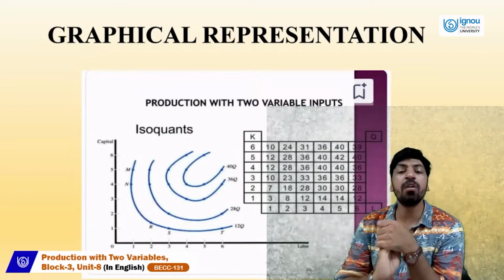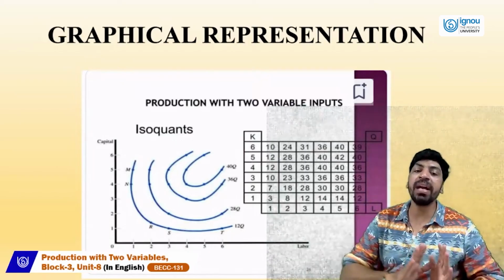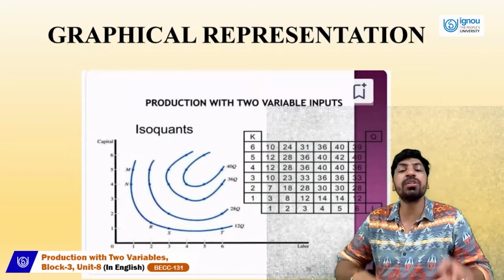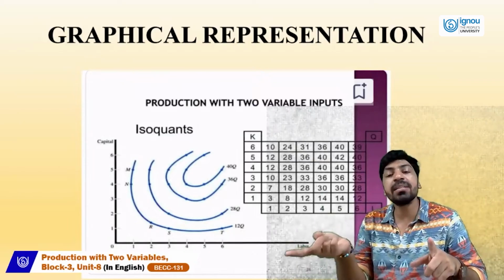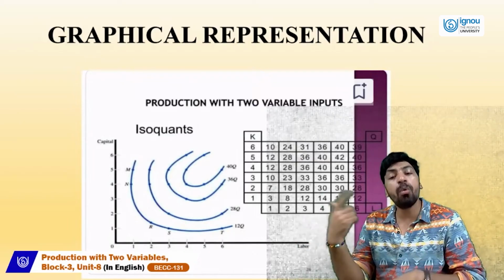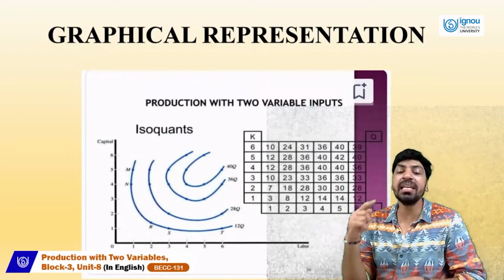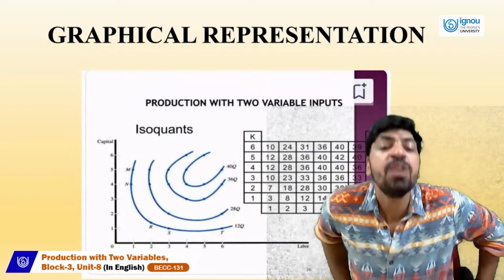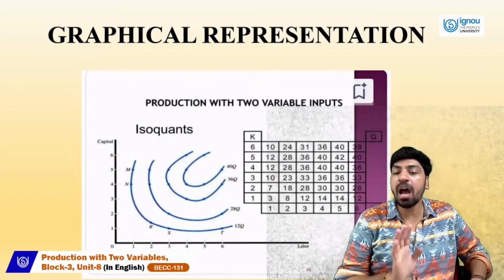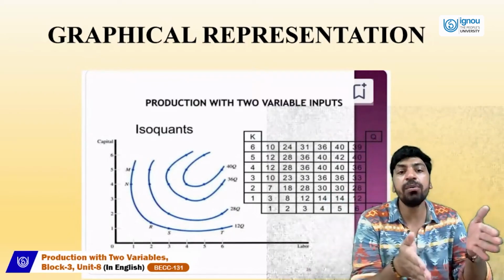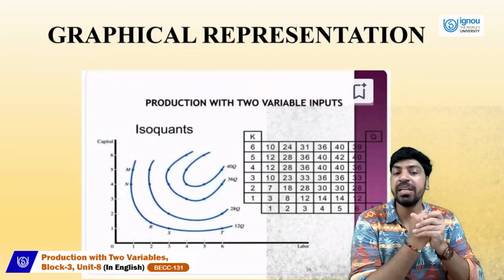If you look at which is a higher isoquant and which is a lower isoquant, 12 is a lower isoquant, which produces the lower output, and 40 is a higher isoquant, which produces the higher output. So from the schedule, the isoquant curves have been drawn.